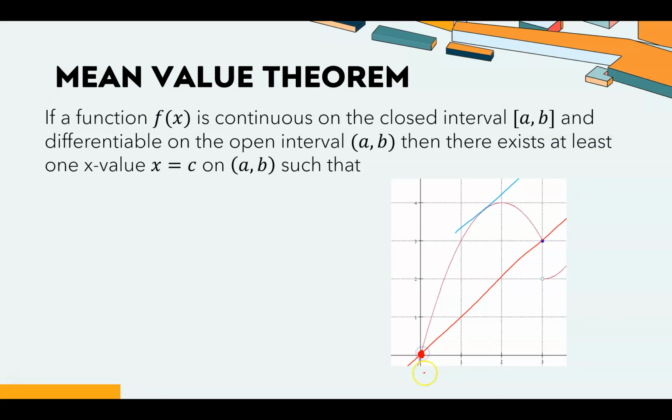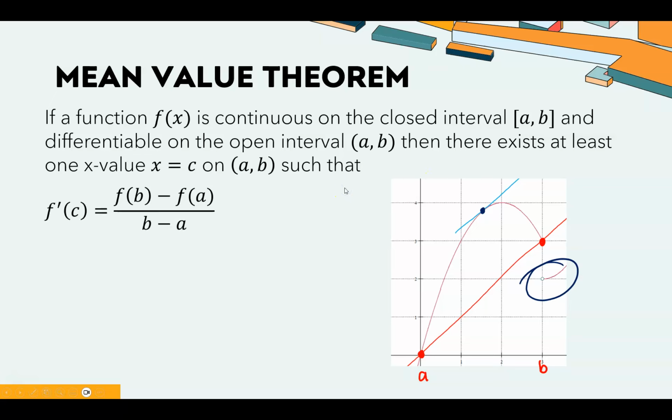So the mean value theorem guarantees that an instantaneous rate of change is equal to an average rate of change: the slope of a tangent line equal to the slope of a secant line. And that's the way we write that symbolically. What's guaranteed is f prime of c, which is just the slope of the tangent line, and c is just someplace.